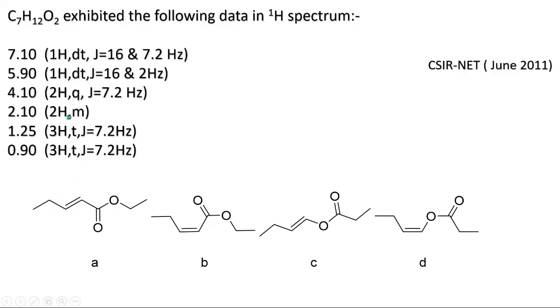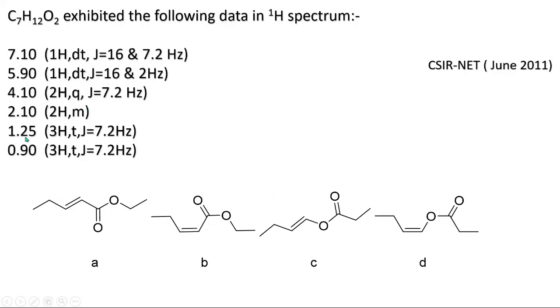These 2 hydrogens will give a doublet due to this proton, and that doublet will be split again by these 3 protons, so a doublet of quartet, which will be a multiplet. If you want to see how multiplet signals come, see my NMR video number 10.